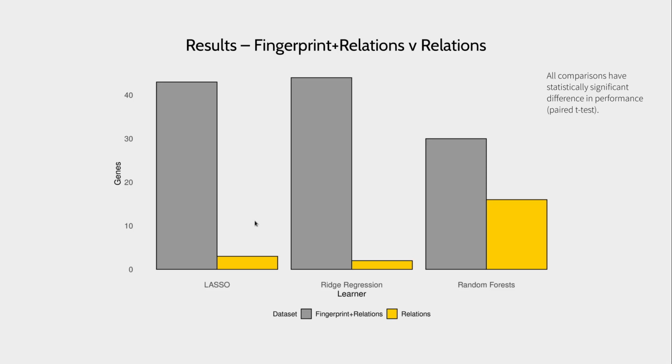We see that the fingerprint plus the relations outperformed the relations dataset in all of these 3 cases. But for random forest, it's starting to look like there might be some competition going down the line.